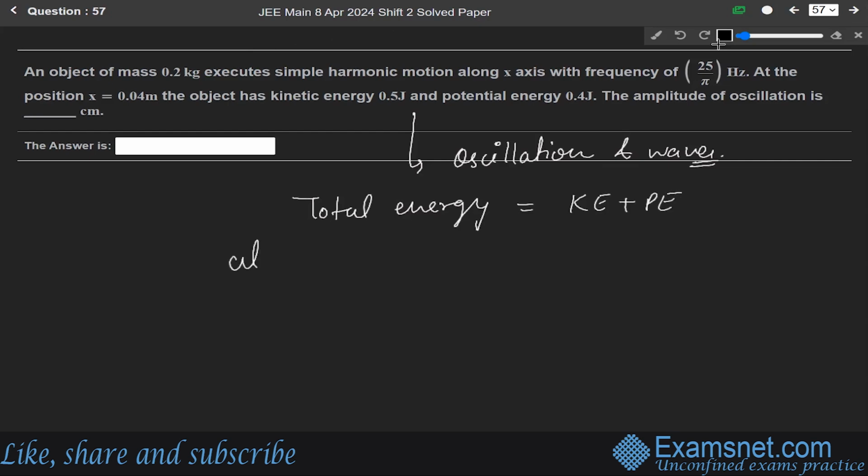As given in the question, at x equals 0.04 meter, at that time total energy will become the sum of kinetic plus potential. Kinetic is 0.5 and potential is 0.4. So 0.5 plus 0.4 will be equal to 0.9 joule.